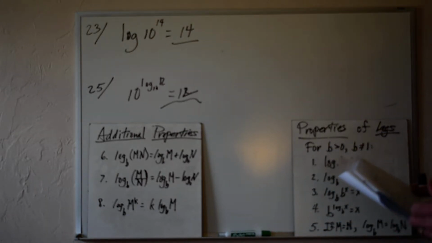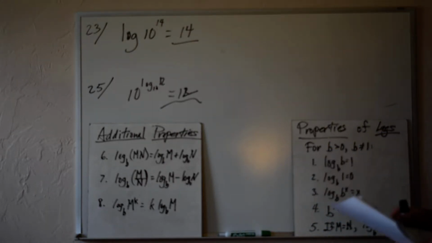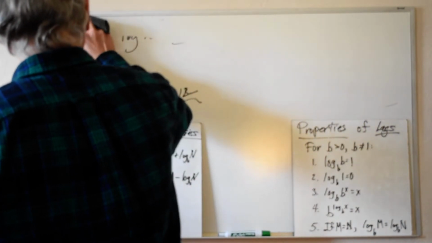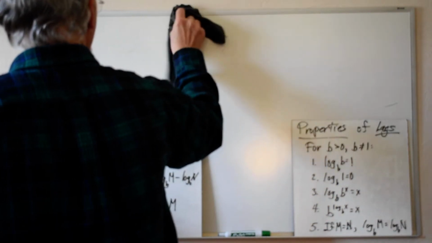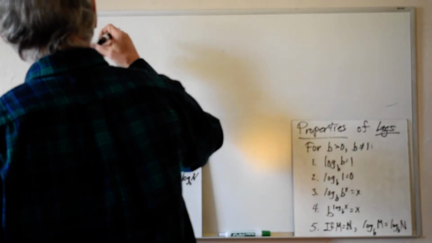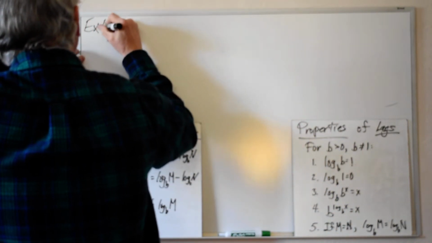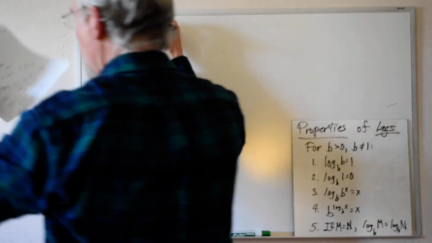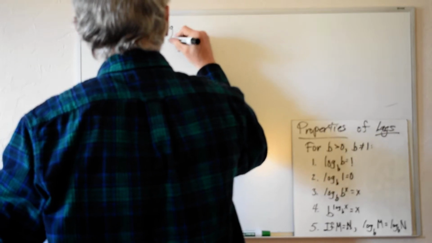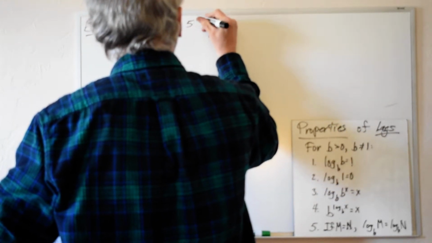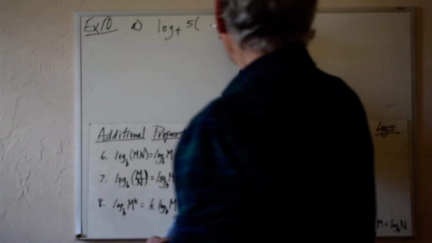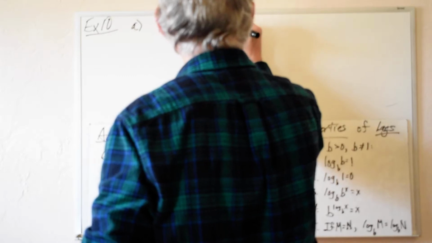All right, let's make use of these in example 10, which is about rewriting logs. In part A, we have the log base 4 of 2 quantities being added to each other. It's 5 times the binomial x minus 7.